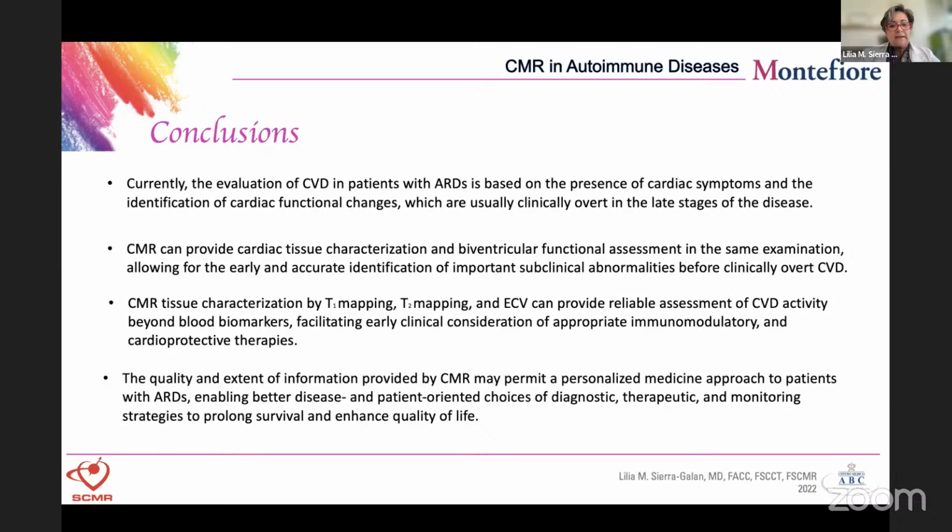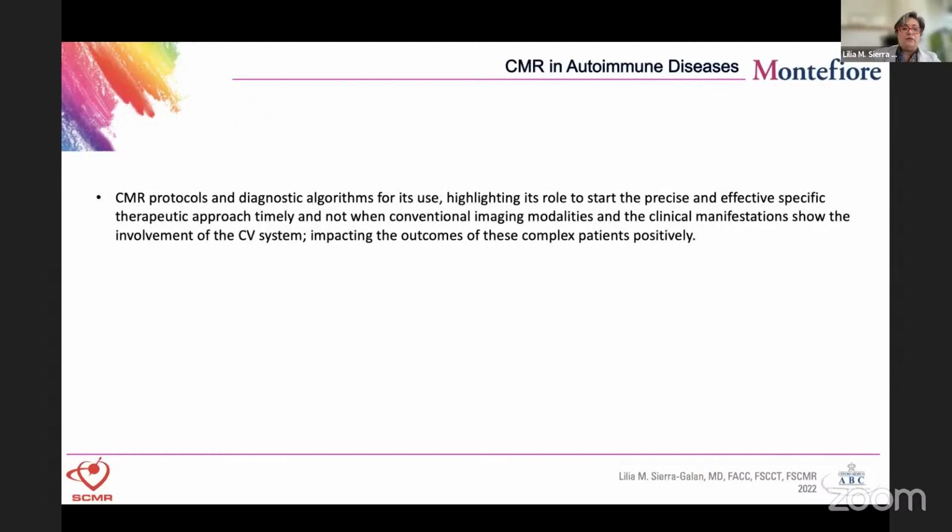The quality and extent of information provided by CMR may permit a personalized medicine approach to patients with these diseases, enabling better disease- and patient-oriented choices of diagnostic, therapeutic, and monitoring strategies to prolong survival and enhance quality of life.